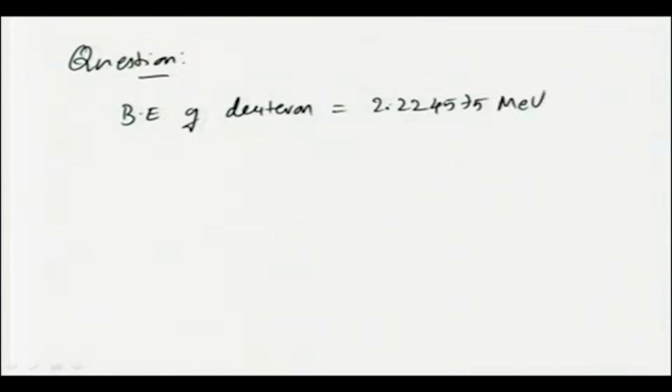By the way, I do not know if I mentioned, but MeV means mega electron volt. Here mega is 10 to the power 6. So, the whole thing is 2.224575 times 10 to the power 6 electron volt, and an electron volt is the energy that an electron acquires when it moves through a 1 volt potential difference.